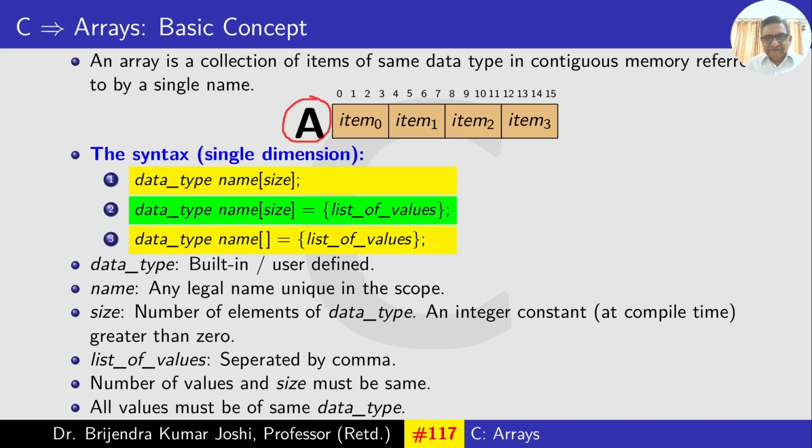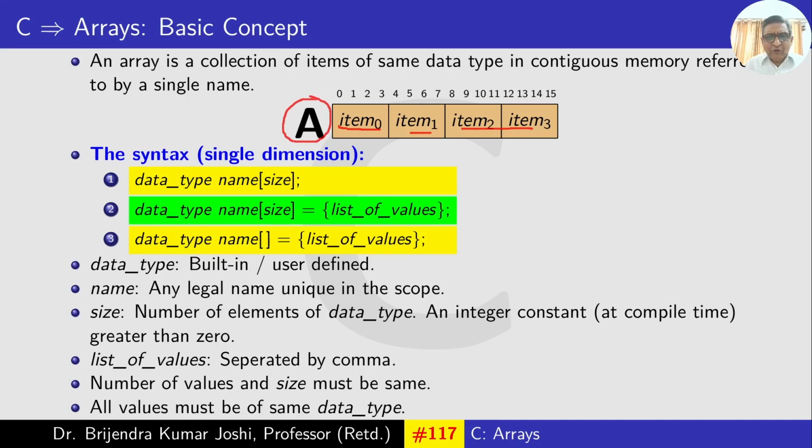And suppose size of an integer under the implementation is 4 bytes. So here item 0, item 1, item 2, item 3, it means these 4 integers.